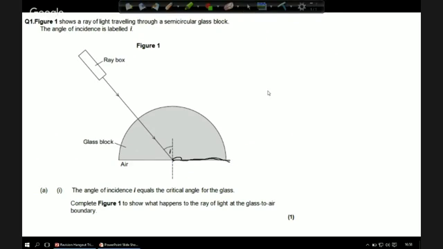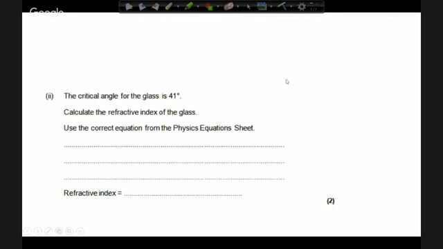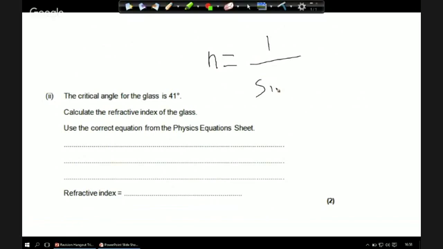Let's have a look at the next question. The critical angle for the glass is 41 degrees. Calculate the refractive index of the glass. Well, we're going to need to use that equation on the last slide. So n equals 1 divided by sine of the critical angle.